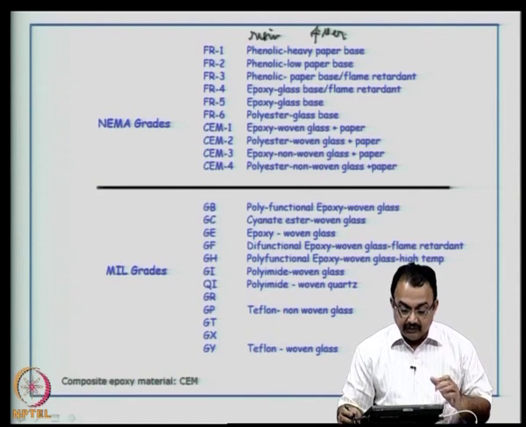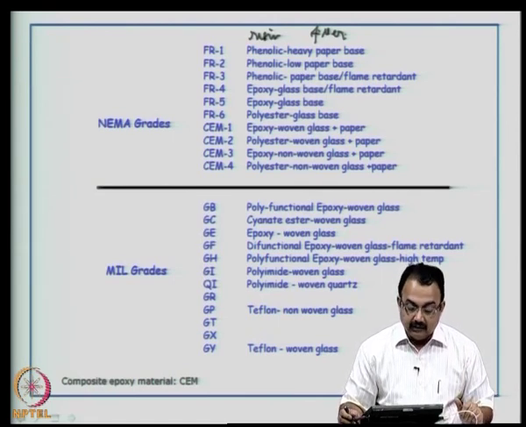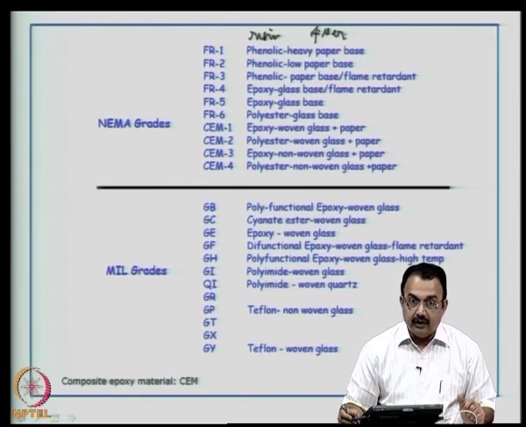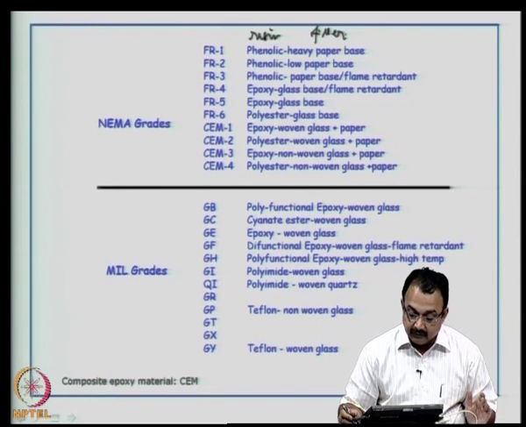From these grades, FR2 for example is a phenolic low paper base. Phenolic is a resin, it indicates what resin is used, organic resin, and it contains a paper filler, but the quality and the thickness of the paper might vary from FR1.